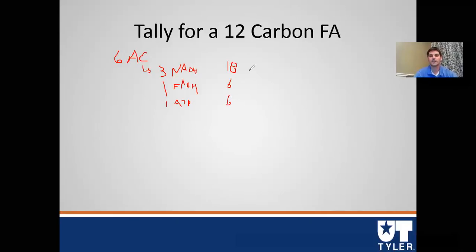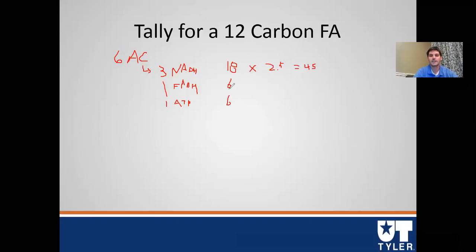Instead of writing it, I'll just say that 18 NADHs are ultimately going to pump 10 protons across. We know it takes 4 protons to convert one molecule of ADP to ATP. Therefore, each NADH molecule ultimately makes 2.5 ATP. So we can multiply this by 2.5, which gives us 45.